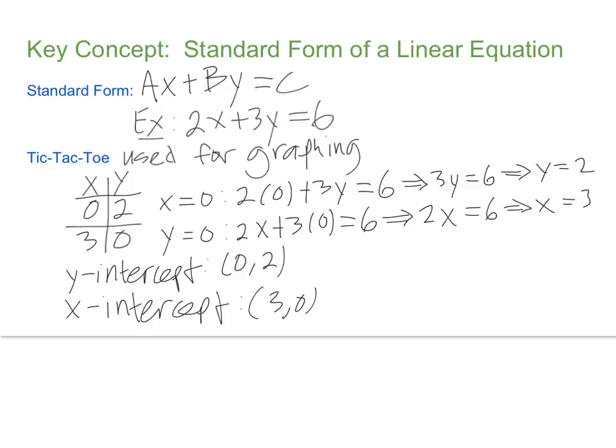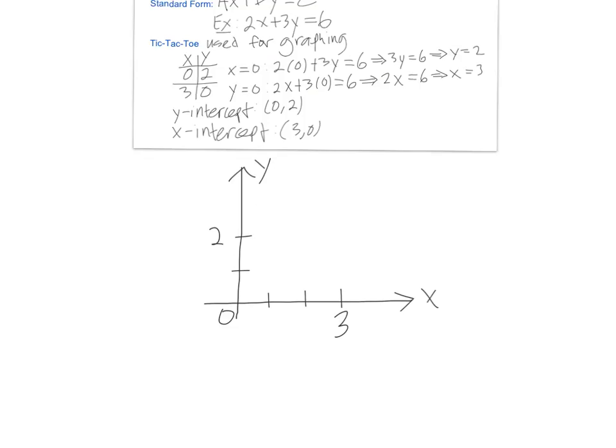So let's see how we use that very quickly. As always, when I graph, I put an arrow on the positive y-axis and x-axis and label them y and x, and an O at the origin. Now I know (0, 2) is on the y-axis. It is in fact where the graph will cross the y-axis.